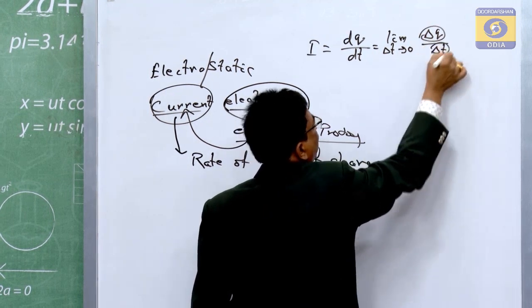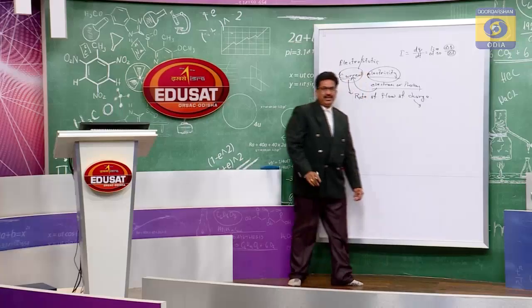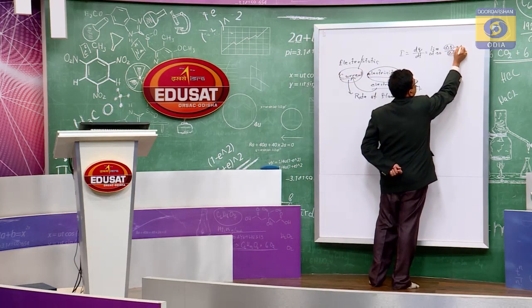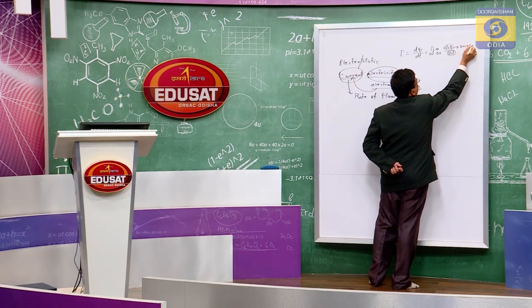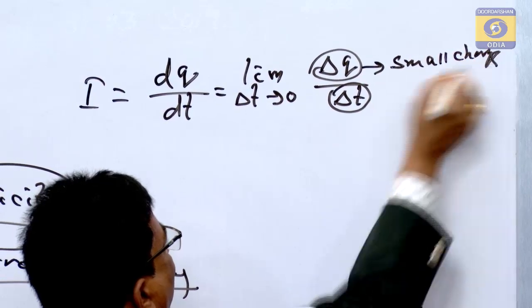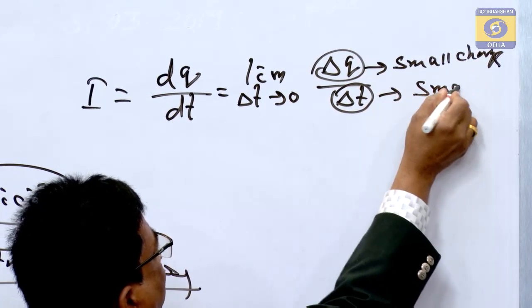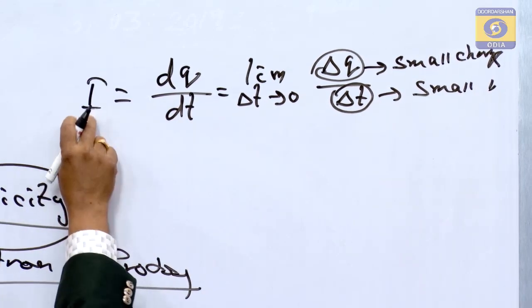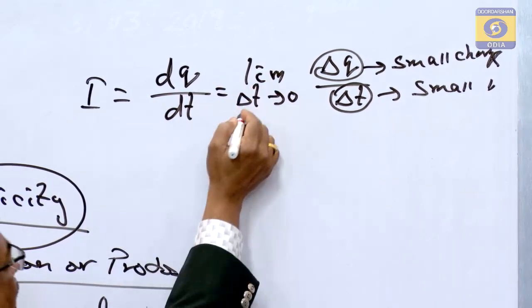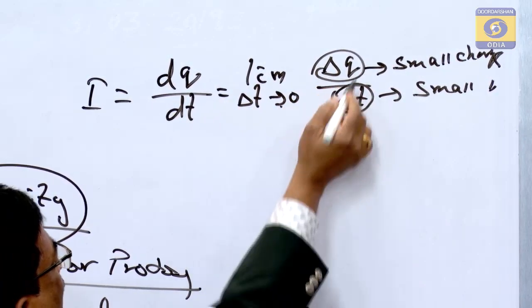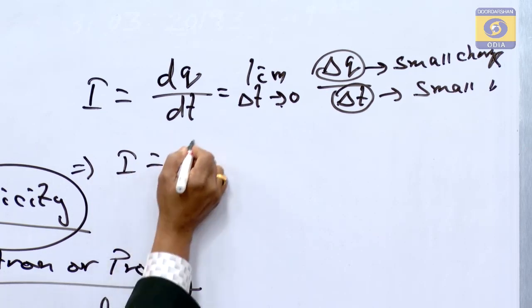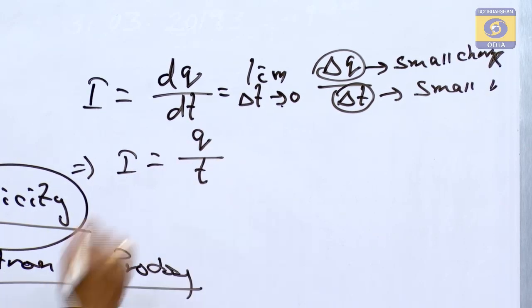What is delta q and what is delta t? Delta q is the small charge and delta t is the small time. So at any time, the current I equals the limit as delta t tends to 0 of delta q by delta t. Otherwise, this I is also equal to q by t.